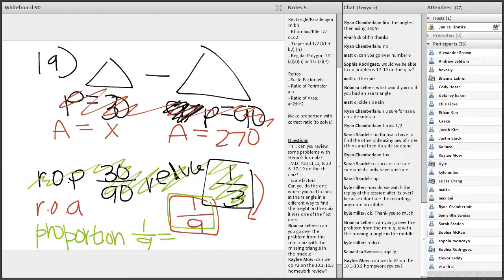Then 1 represents the first picture, so X represents the first picture, and 9 represents the second picture, so 270. From there, you cross multiply, do your math. I just noticed 9 times 30 is 270. So 1 times 30 will be X. So your area will be 30 square, whatever the units are, square centimeters. So final answer is 30.